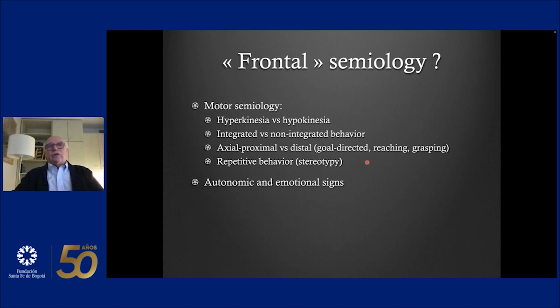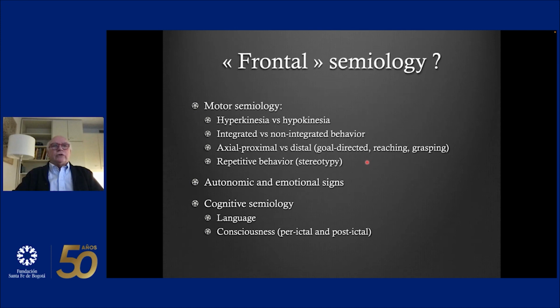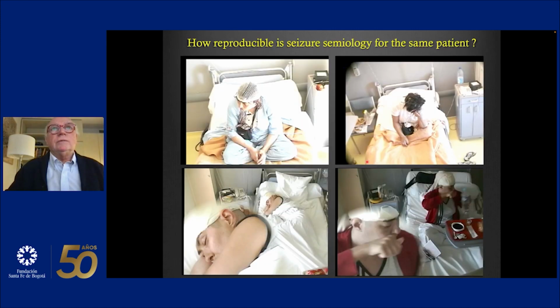That's the characteristic of motor semiology. In addition, you can have, associated with them or not, autonomic and emotional signs. And obviously, a lot of cognitive semiology, very difficult to apprehend, like language disorders and impairment and modifications, mainly in the dominant side, and modification of consciousness.